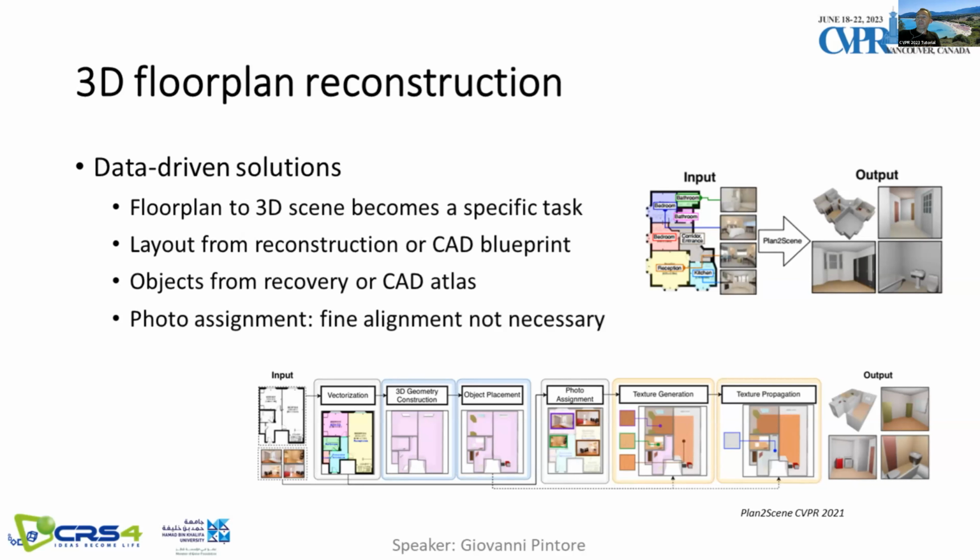Here we can also exploit, for example, CAD blueprints or a CAD atlas of the objects, because of course, if you want to reconstruct a textured model, we also have to deal with clutter. So we have two ways. Either, as you will see in the next session, we empty the rooms and the images with deep learning techniques, or in some way we have to deal with some kind of object modeling.